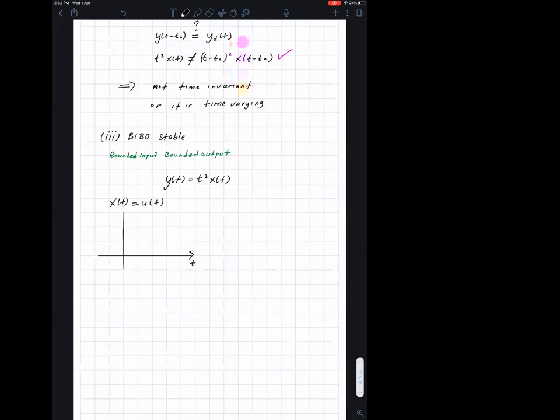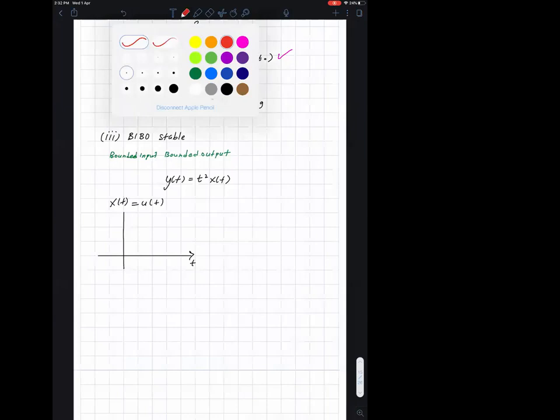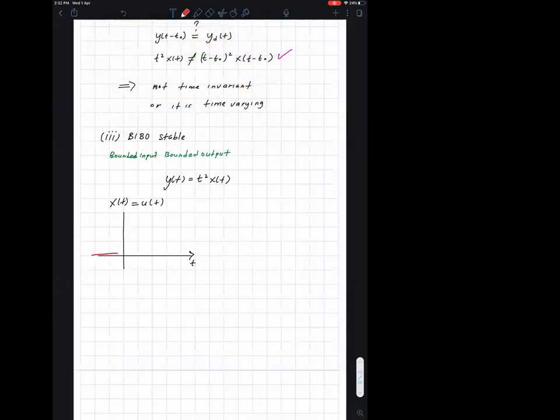You know what a step function is? You guys are quite familiar with this. This is the step function. Let's say we call this 1.